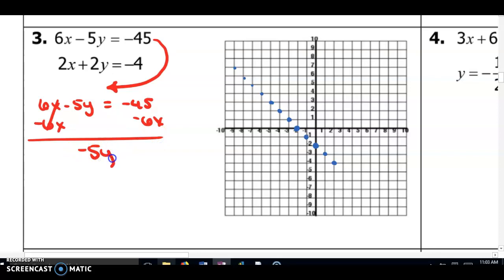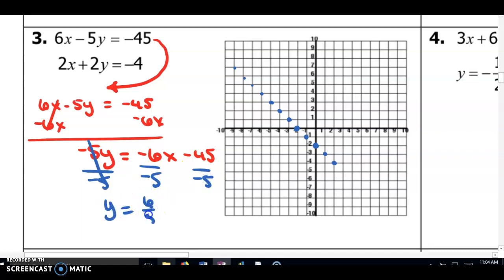So you get -5y equals -6x minus 45. Divide by -5 on both sides. And you get y equals 6/5 x plus 7. Sorry, 9.